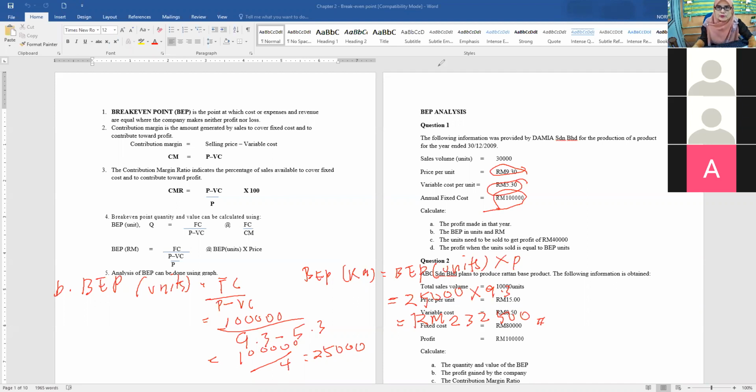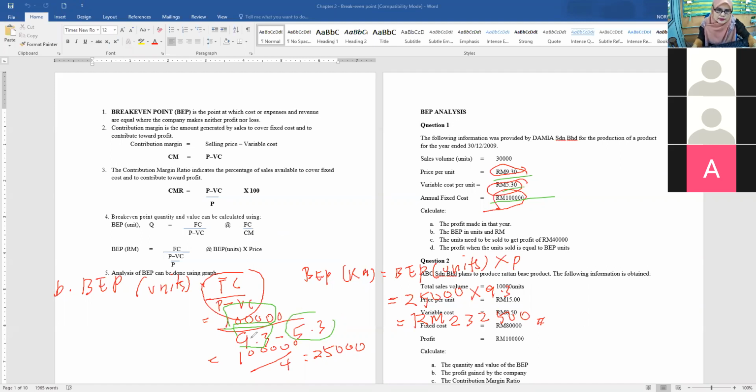No. To find out break-even point in units, the formula is fixed cost divided by price minus variable cost. So just take from the question, fixed cost 100,000 divided by price 9.3 minus variable cost 5.3.